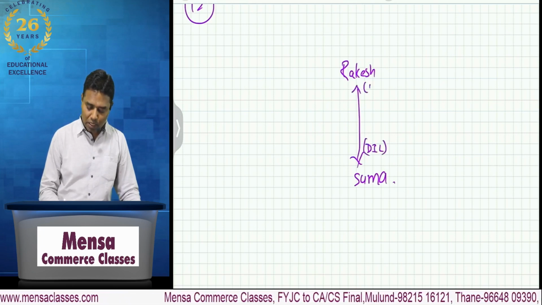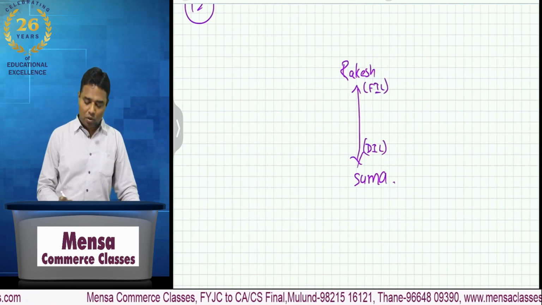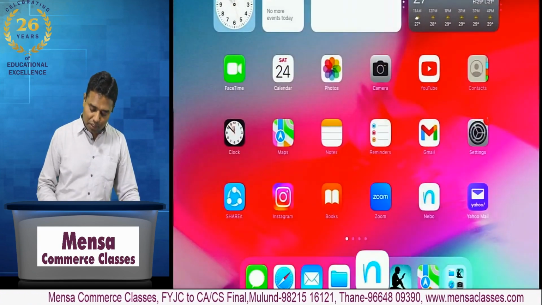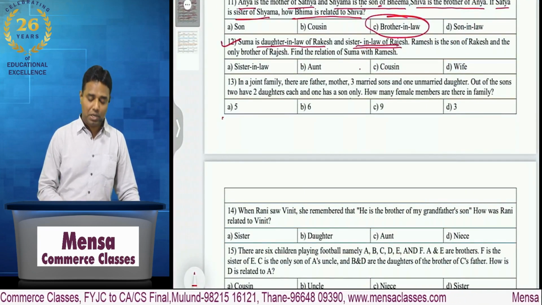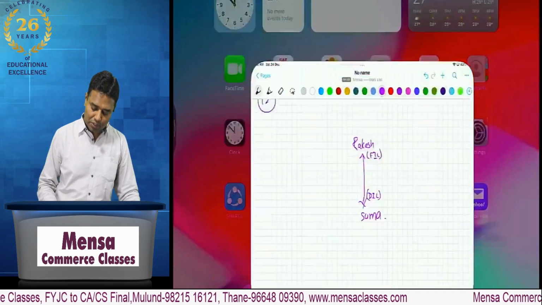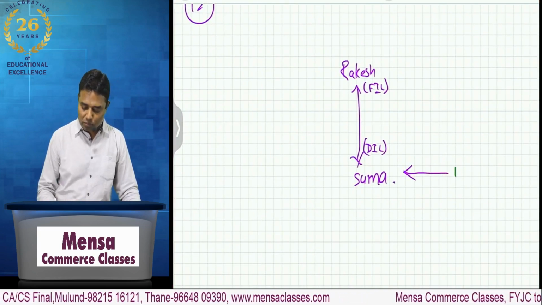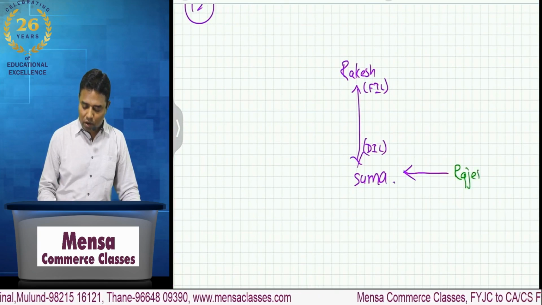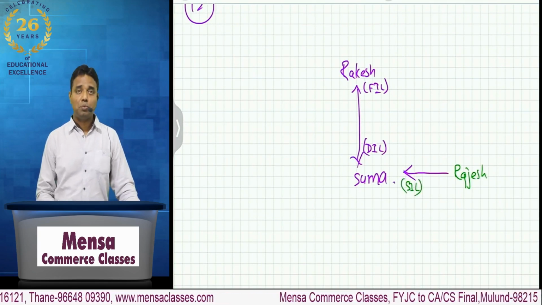So Rakesh becomes the father-in-law. Correct? Okay. And what is the other relation given here? The other relation is sister-in-law of Rajesh. So Suma is also the sister-in-law of Rajesh. This much we are clear, right?